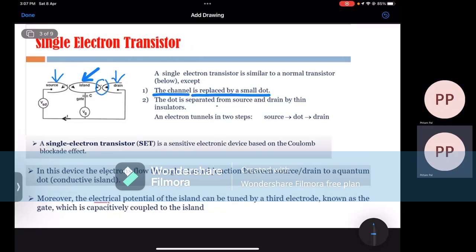This portion separates the island from the source and drain, and they are separated with the help of an insulator, as mentioned here.